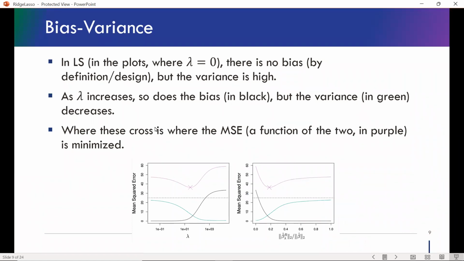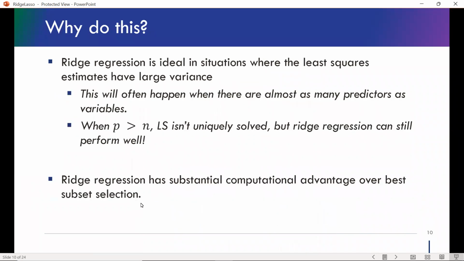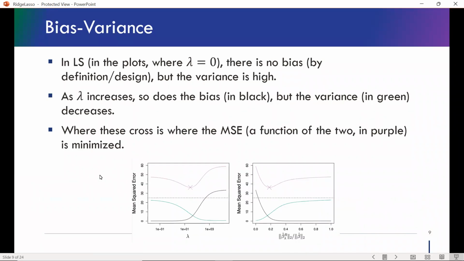This is basically repeating the same information from the previous slides. When lambda is 0, on this very left side, the bias is small and the variance is at its highest level.